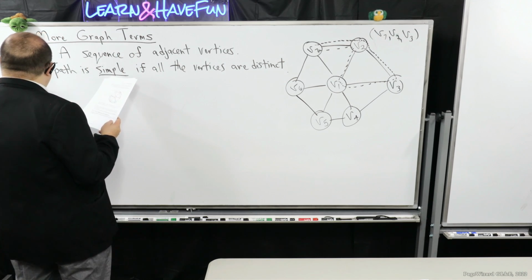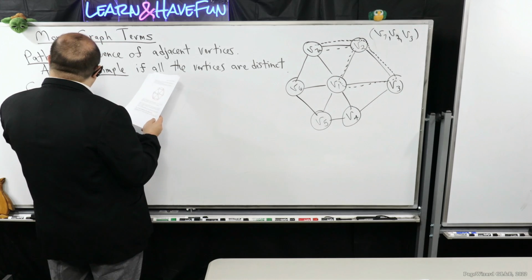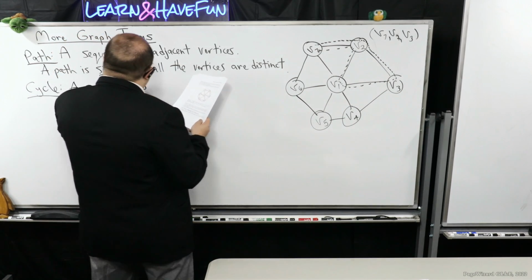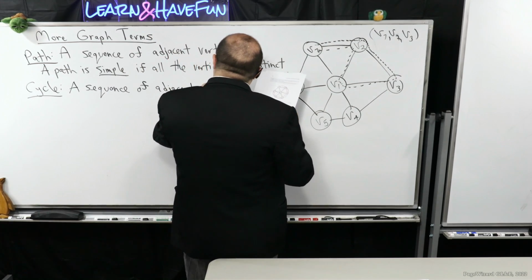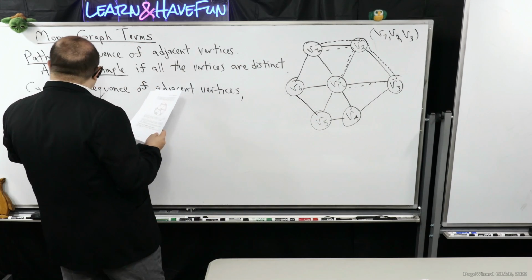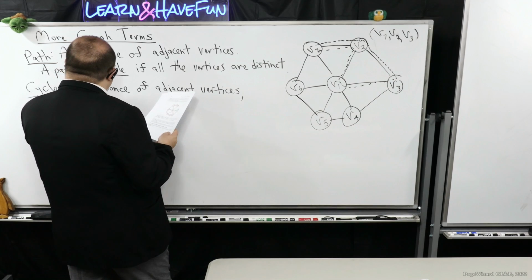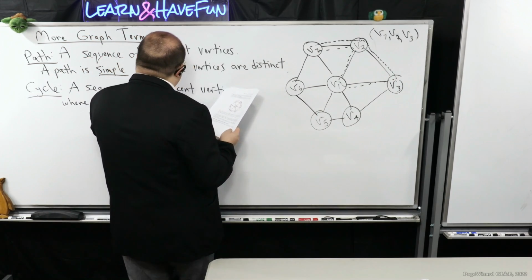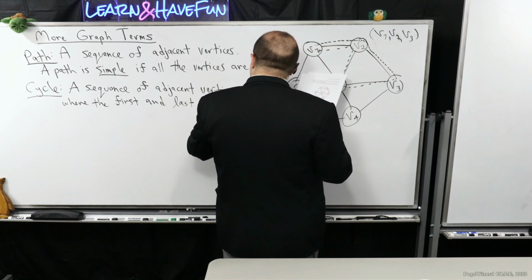There's also the concept of a cycle. It's a sequence of adjacent vertices, so you know it's a path, but the first and last vertex are the same.